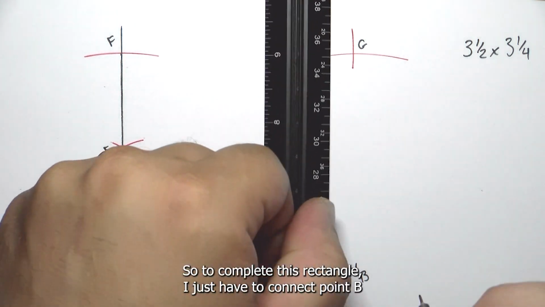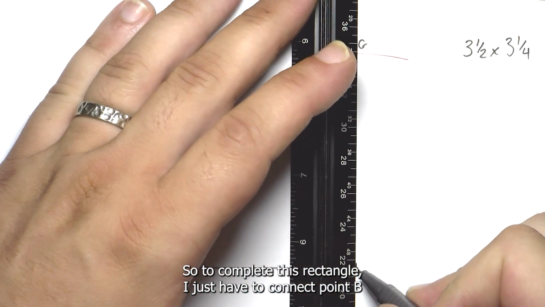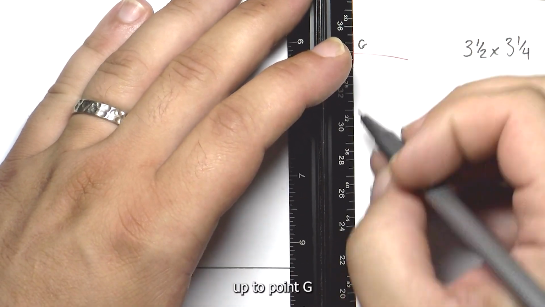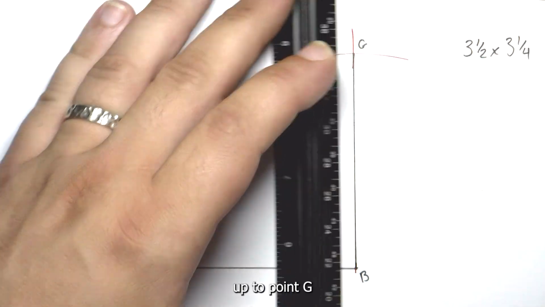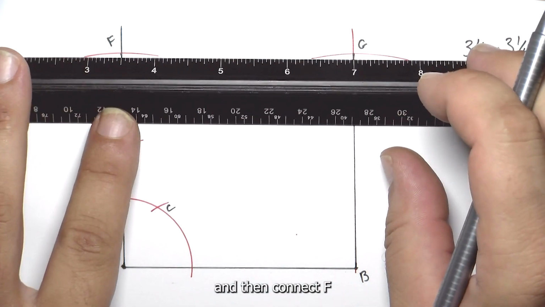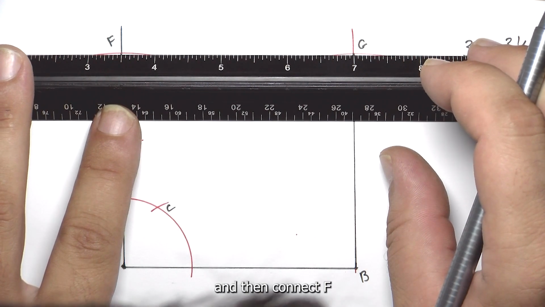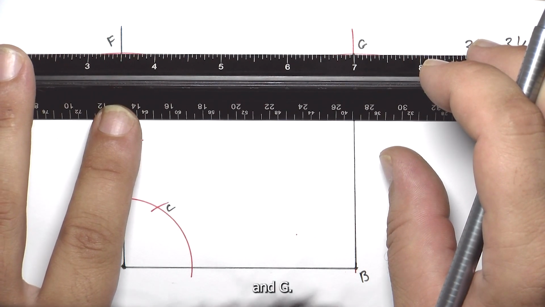To complete this rectangle, I just have to connect point B up to point G, and then connect F and G.